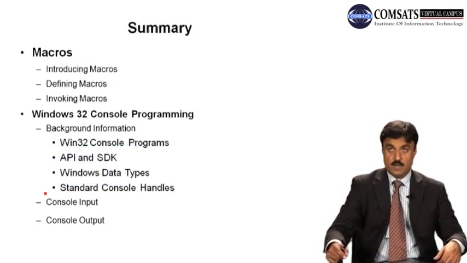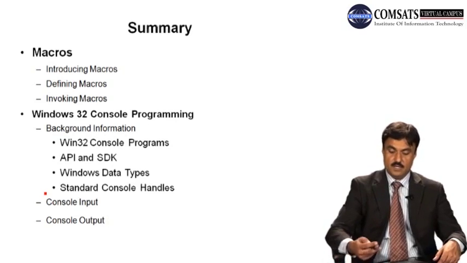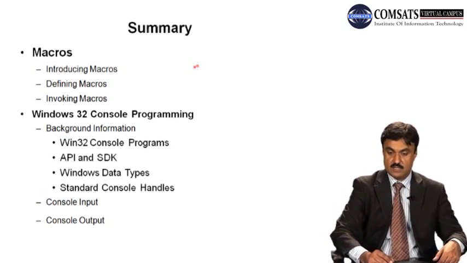So now we are going to summarize what we discussed in this lecture. In this lecture, we discussed the macros, how we can introduce macros, how we can define macros, and how we can invoke macros. As we have seen, a macro is nothing but a single name, starting with the name of the macro, then we have the keyword MACRO and so on.